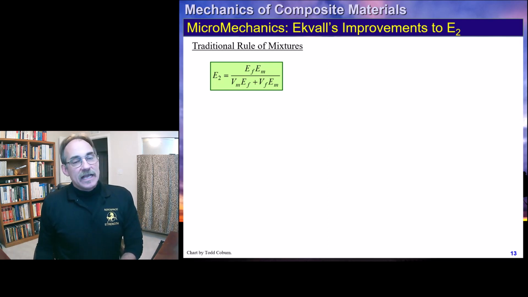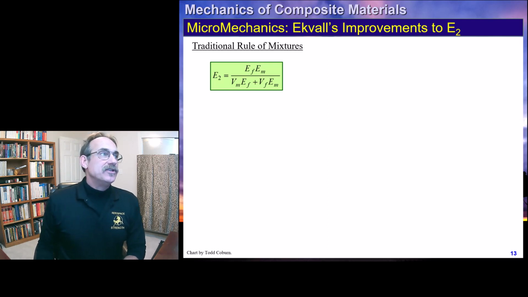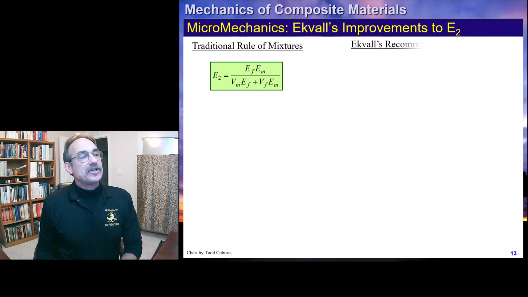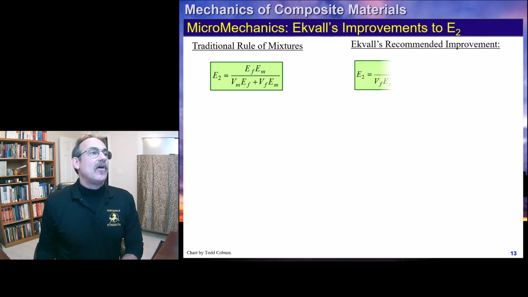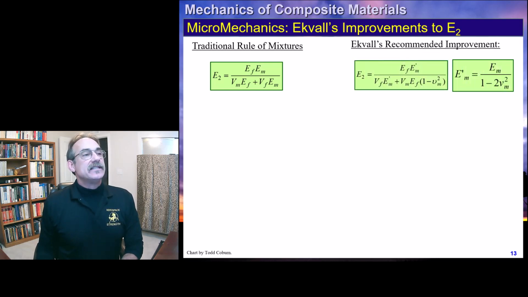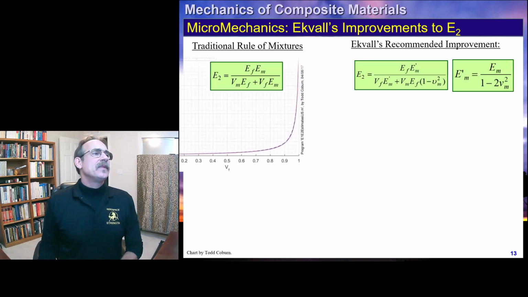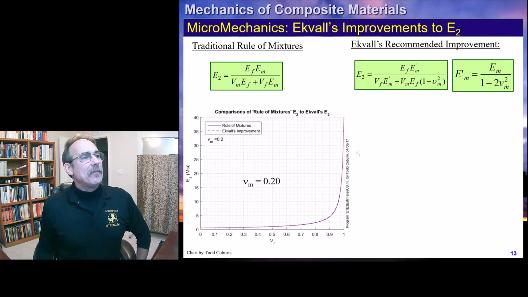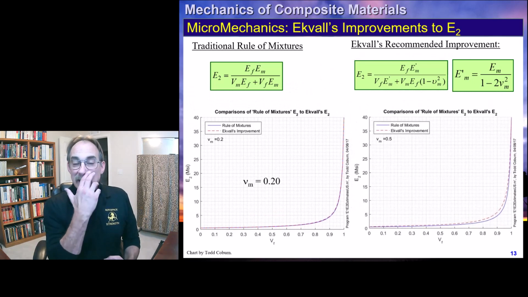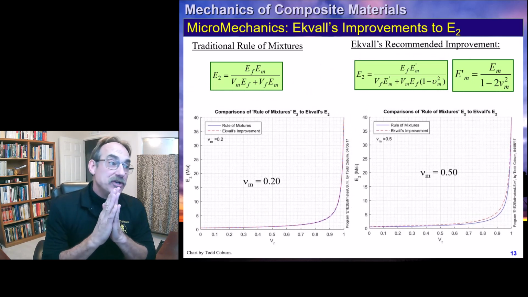So, once again, if we look at Ekval's improvement for E2, this is our rule of mixtures, and Ekval replaces the modulus of the matrix with this little term again, and this is how that plays out for Poisson's ratios of 0.2 and 0.5.